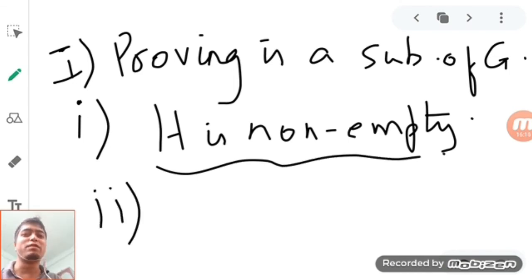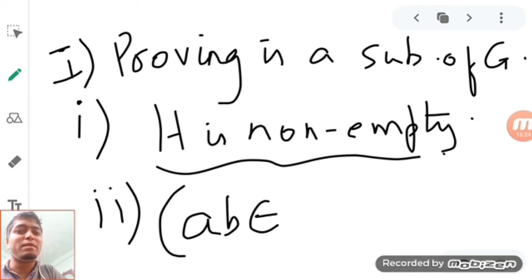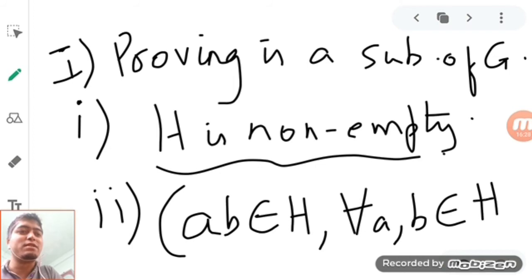The second one, if you remember the condition for the subgroup, it is this: ab belongs to H for all a, b belonging to H. So the second condition, we have to prove this.